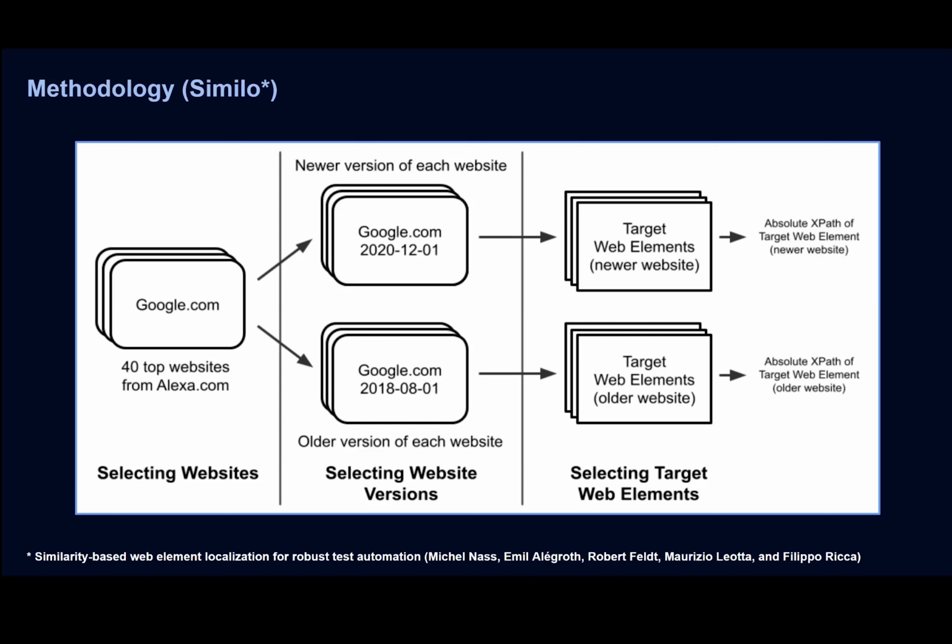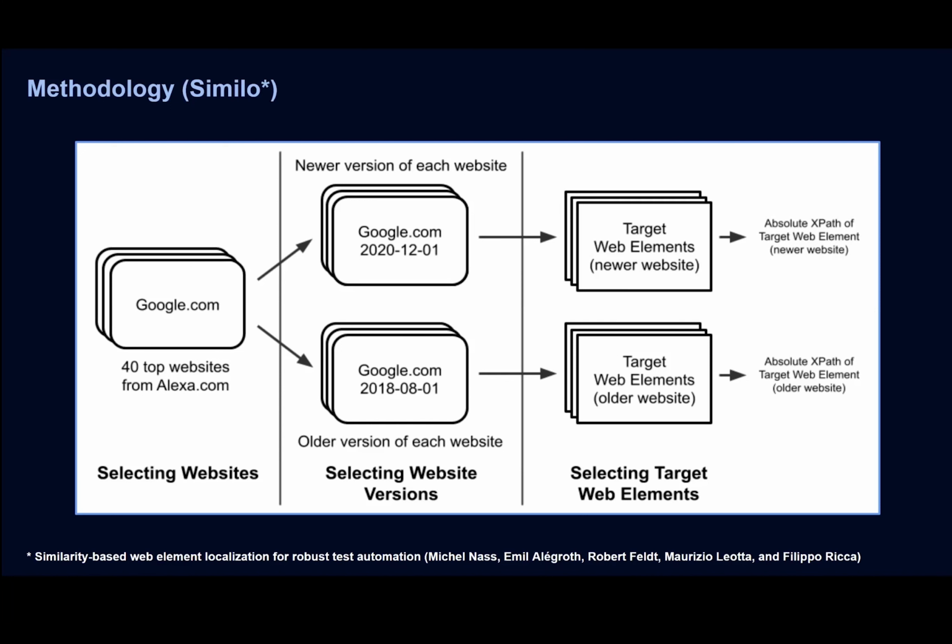But we picked one version from the end of 2020, and then a random number of months older than that, between 12 and 60 months, actually. For Google, which is of course the most commonly used web application, no surprise, and YouTube was the runner-up, it was about 2 years.